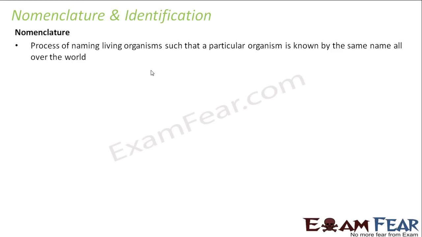Nomenclature is the process of naming living organisms such that a particular organism is known by the same name all over the world. Let us think of an example. In a country, we have many different languages, right? In every language, you call a particular thing by many different names.